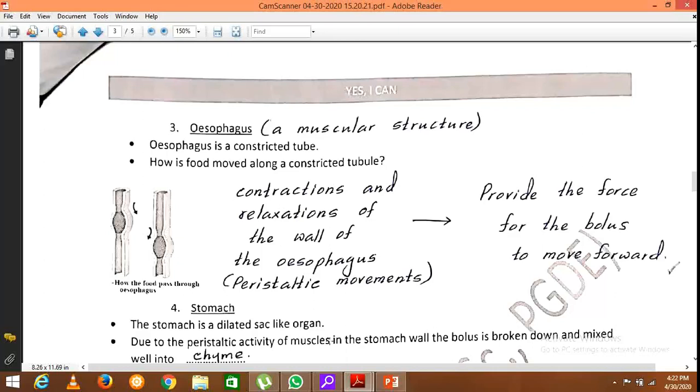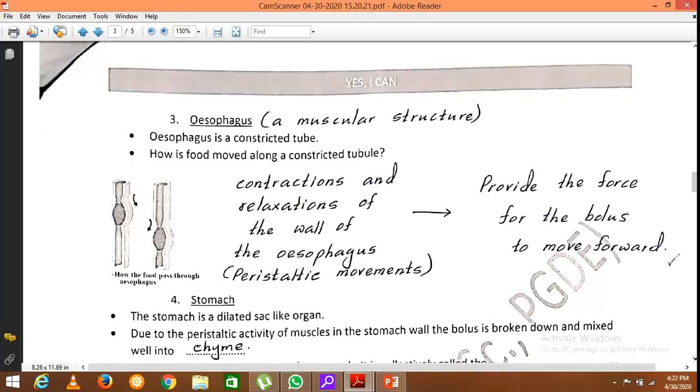Then the esophagus, again it is a muscular structure and it is a constricted tube. So you will think how a large bolus can be passed through a constricted tubule.